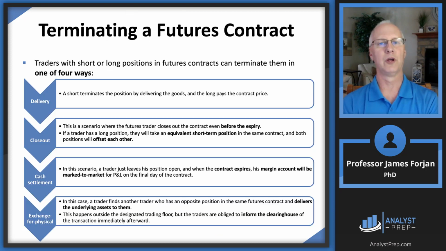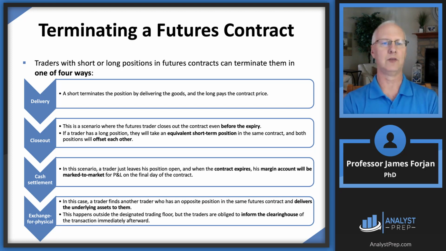Now, I promised you earlier I'd tell you how to get out of this futures contract, and you can do it a couple of different ways. You can just show up with the goods, right? The short position agrees to sell, so the short position can just fulfill the terms of the contract by bringing the corn or the oil or the gold right to the buyer. But you can close this out at any time.